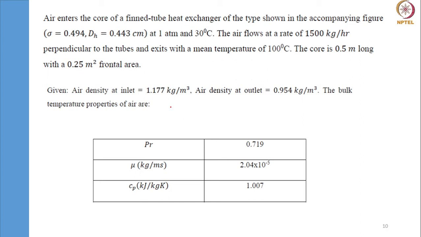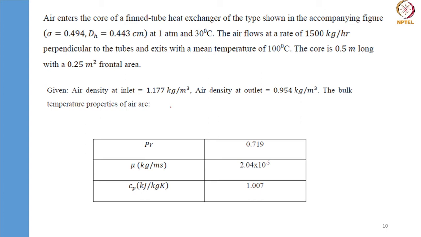In my previous discussion I told you that there are four causes of pressure drop. The first one is pressure drop due to area contraction, then frictional pressure drop, momentum pressure drop, and pressure gain due to expansion.